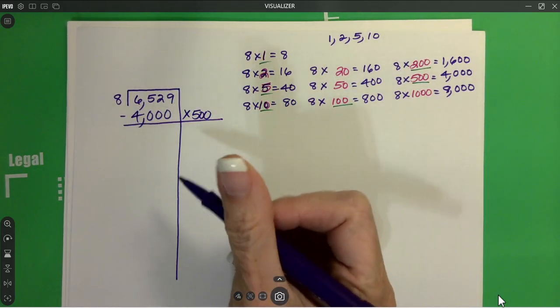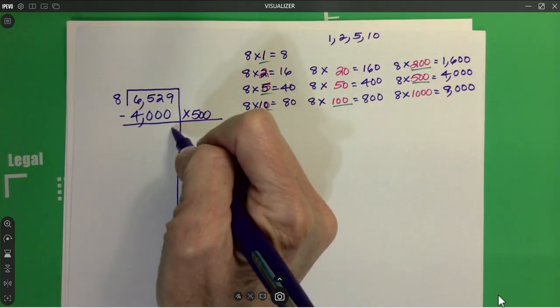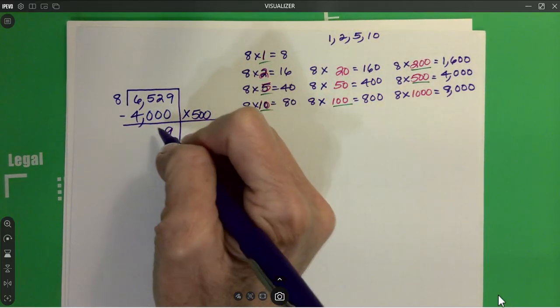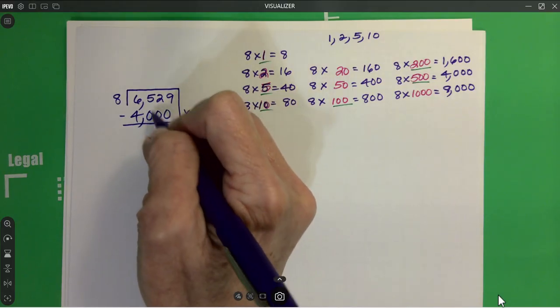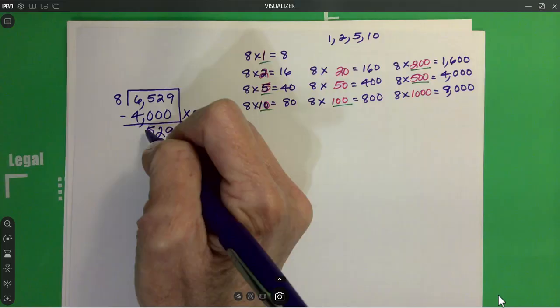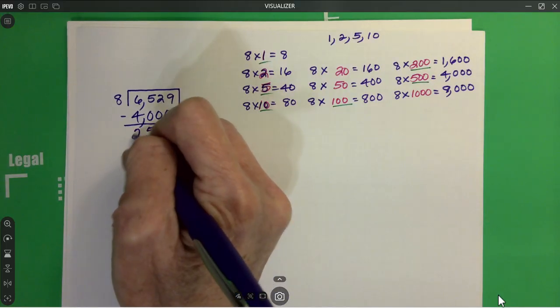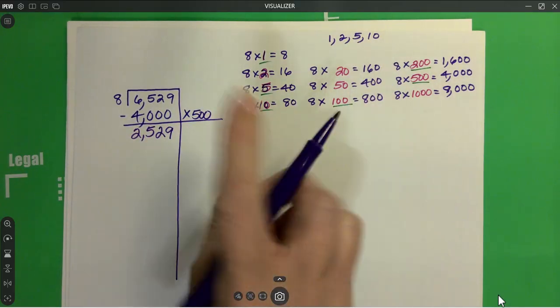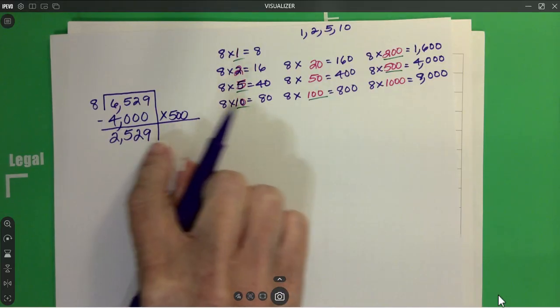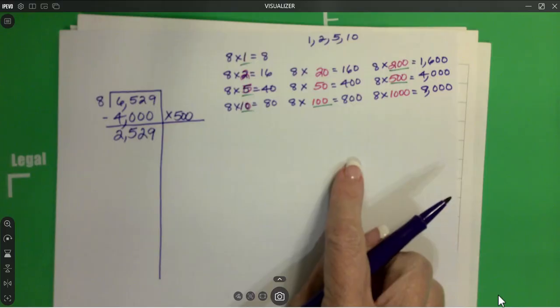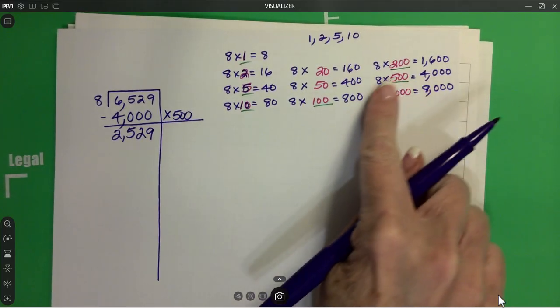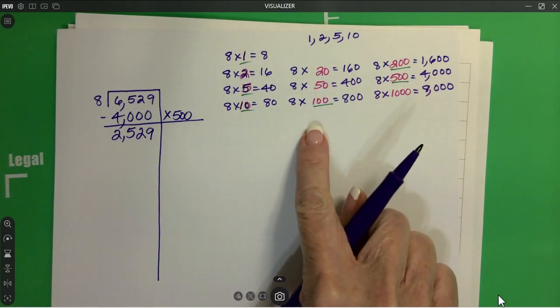And I'm going to subtract. 9 minus 0 is 9. 2 minus 0 is 2. 5 minus 0 is 5. And 6 minus 4 is 2. So I've taken out 4,000. I still have 2,529.